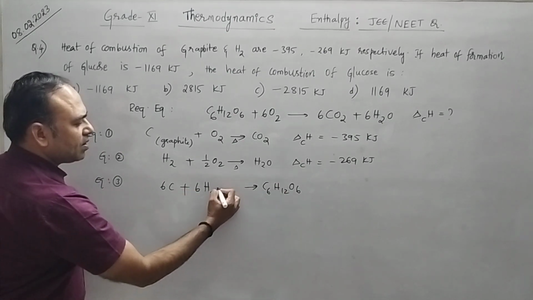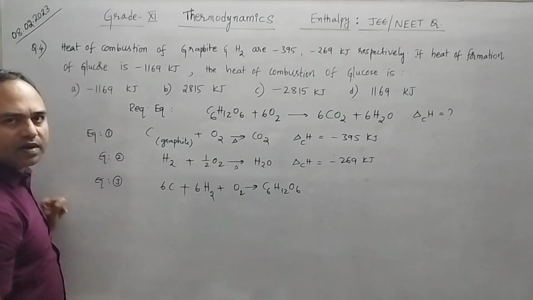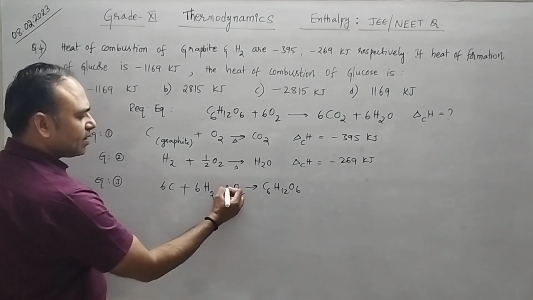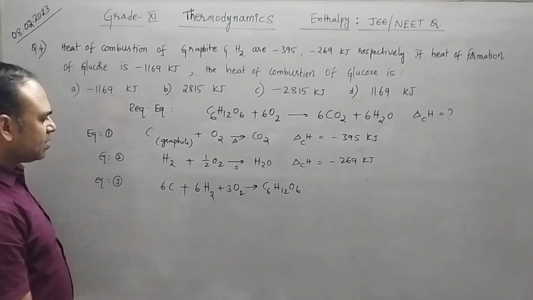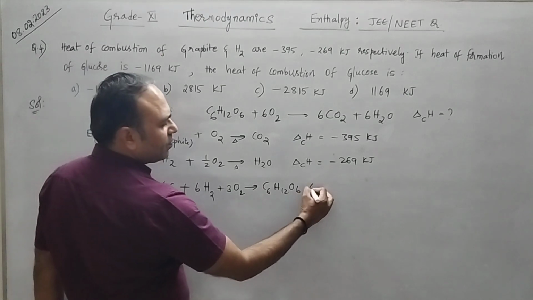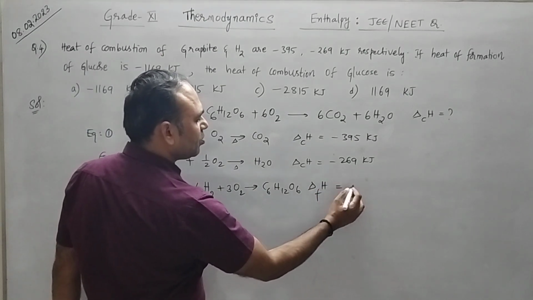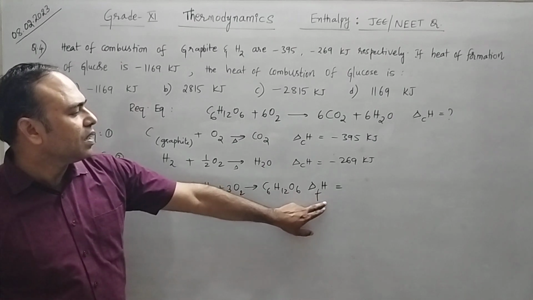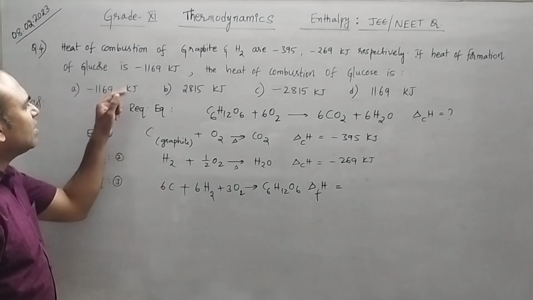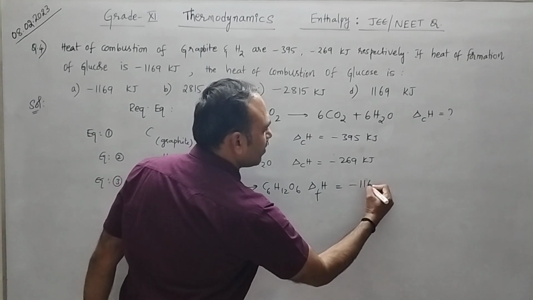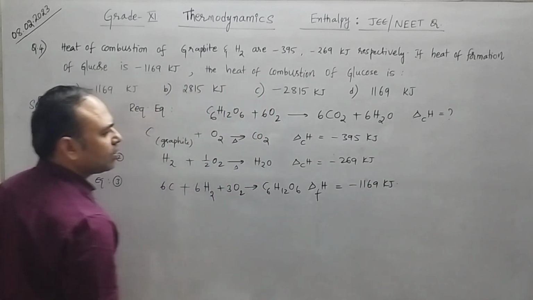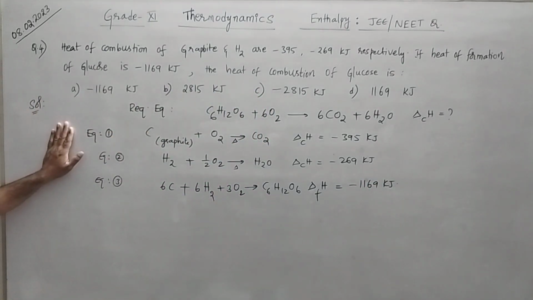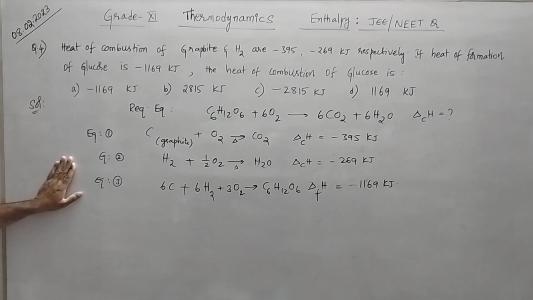And oxygen 6, O2 is the elemental form and we can write it as 3O2. So this is the heat of formation of glucose, delta FH. You know that delta F represents heat of formation here, delta HF. Now the value is minus 1169 kilojoules. So hope you have understood. We have written all the 3 equations.